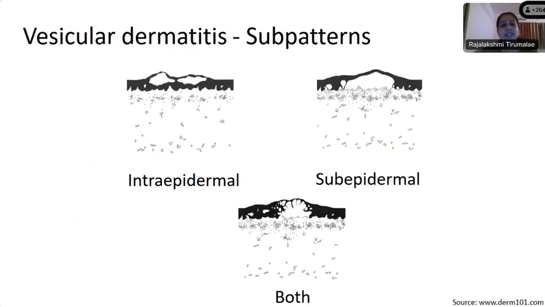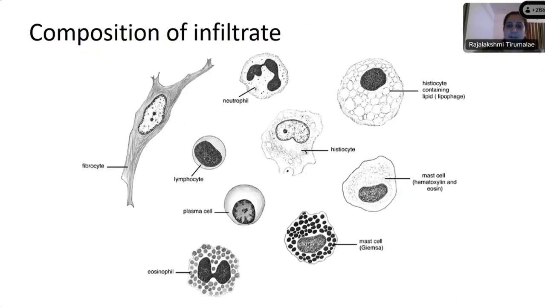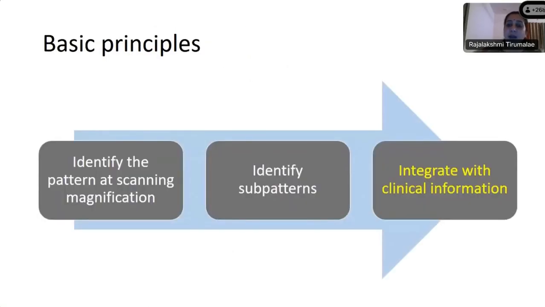In the cases of vesicular dermatitis, all of us know that we classify them as intra and subepidermal. And sometimes when there is reepithelialization, you happen to see both the patterns in a single biopsy. And of course, composition of the infiltrate is important in certain conditions, and we all know what are all the cells which can come in the dermal infiltrate. Now, the last and most important step is to integrate with clinical information.